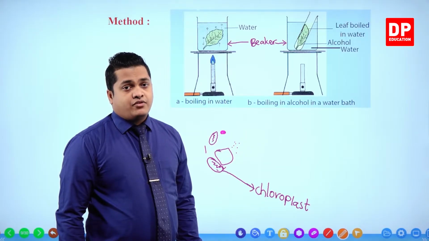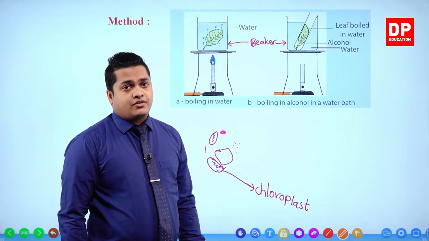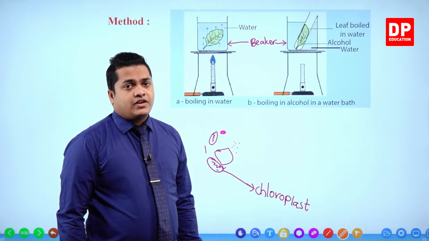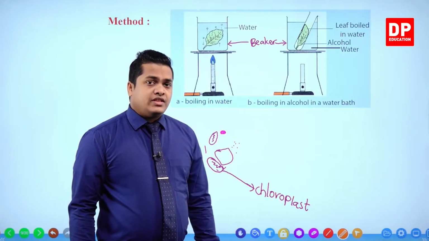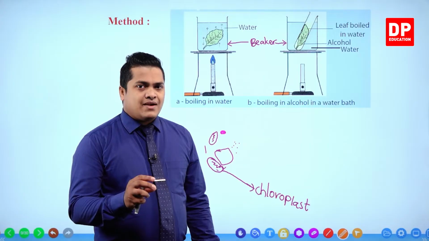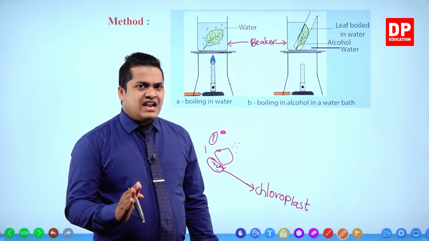So we have to remove the chlorophyll within the chloroplast as well. After removing the chlorophyll, the leaf is going to have a faded, light color.